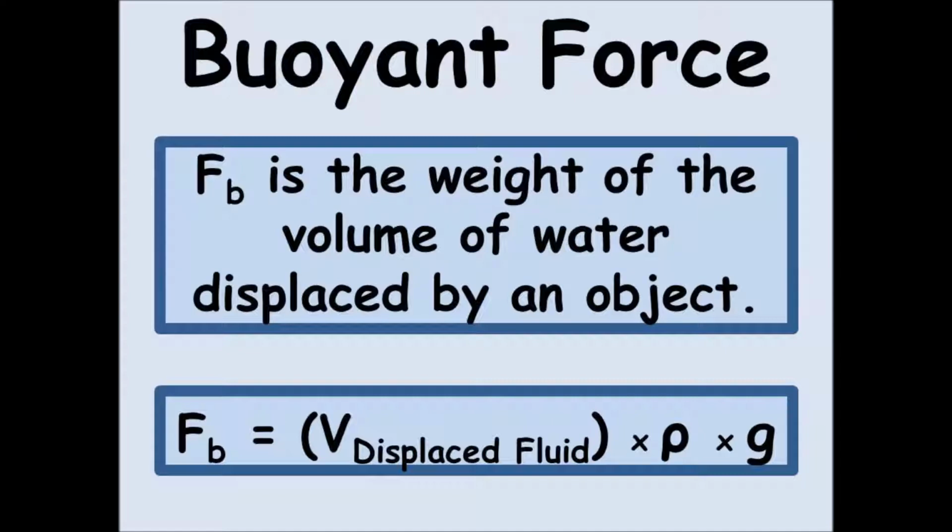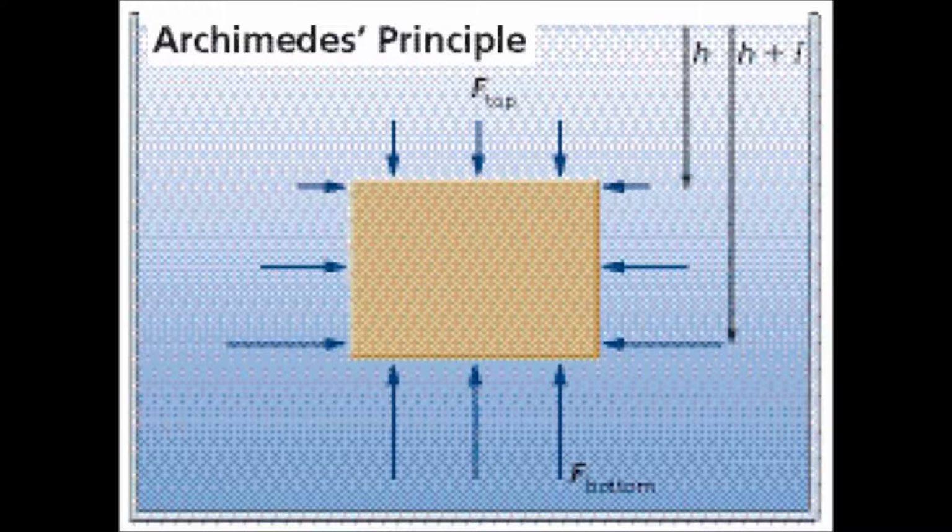Now, what is buoyant force and how does it really work? Well, as we said, the farther you go down in the liquid, the greater the pressure. So, if there is a large rectangular object, for instance, the pressure on the bottom of it will be greater than that on the top. So the forces will not be the same on it.